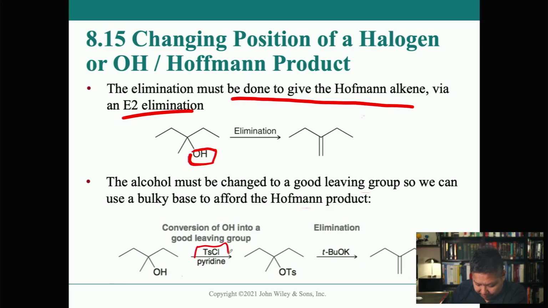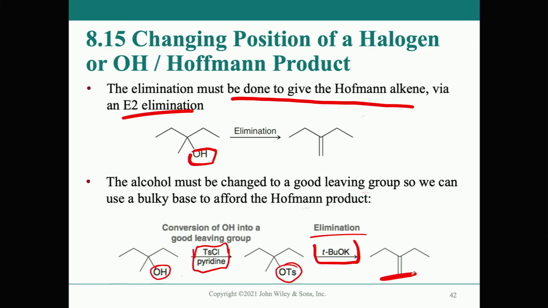So you add in the tosylate and the pyridine, and it replaces the OH with the OTs. Then, like I was saying before, we do the elimination reaction using potassium tert-butoxide. That gives us our Hoffman product, where the double bond is at the end.